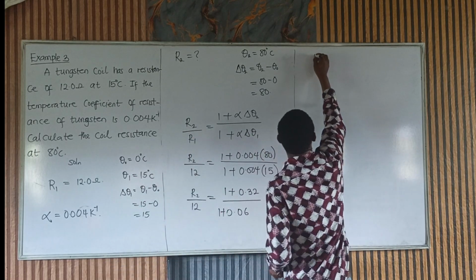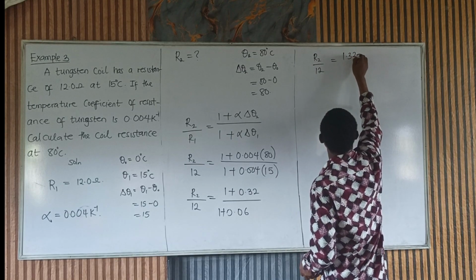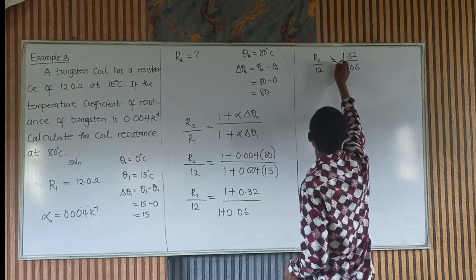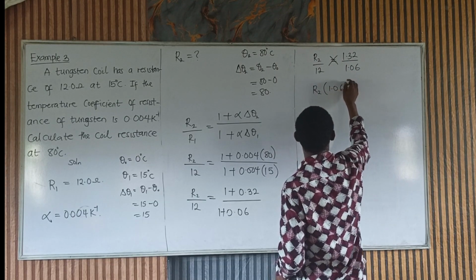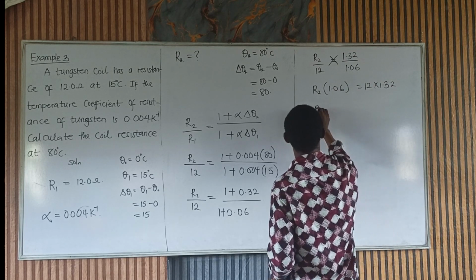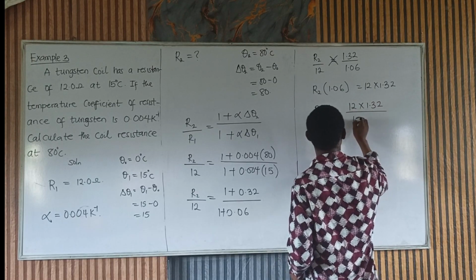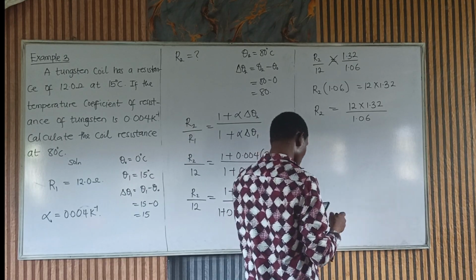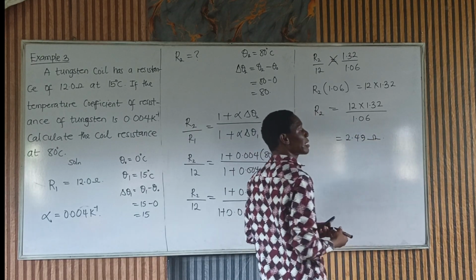So this is going to be R2 over 12 being equal to 1.32 over 1.06, and then we cross multiply. We have R2 times 1.06 is equal to 12 times 1.32. And so making R2 the subject of the formula, R2 is definitely equal to 12 times 1.32 divided by 1.06. Let's evaluate. This is equal to 2.49 ohms. That's the answer for this question.